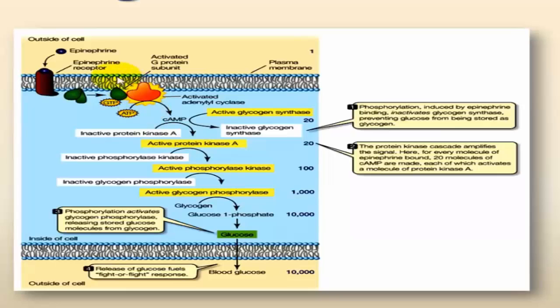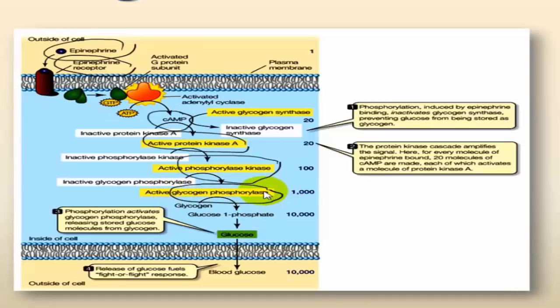So if we take the example here of epinephrine as the signal, which acts on an adrenergic receptor or epinephrine receptor on the membrane, which is a G protein coupled receptor, resulting in the formation of this second messenger here, cyclic AMP. That cyclic AMP, when it's produced, activates protein kinase A, which in turn is going to activate a phosphorylase kinase enzyme, which in turn will activate a glycogen phosphorylase enzyme.